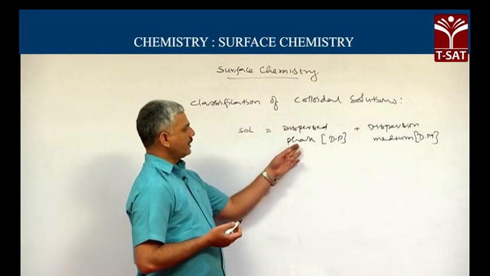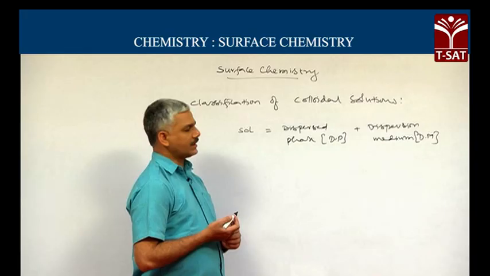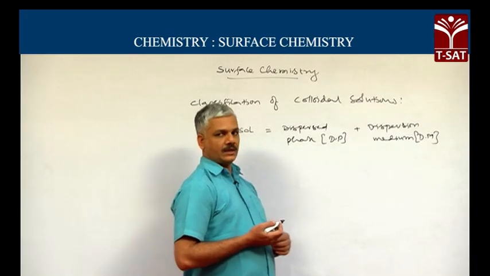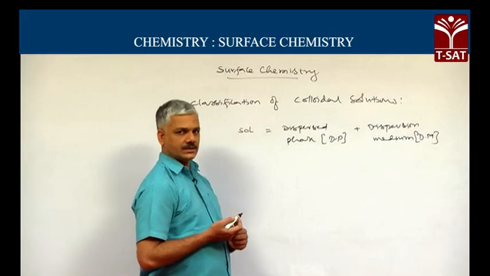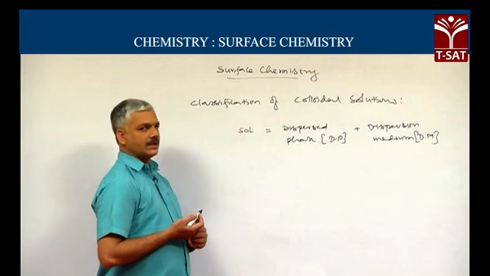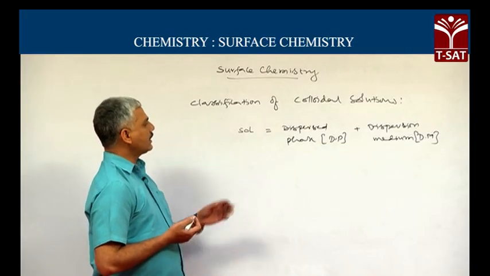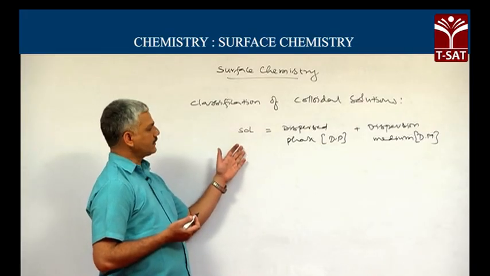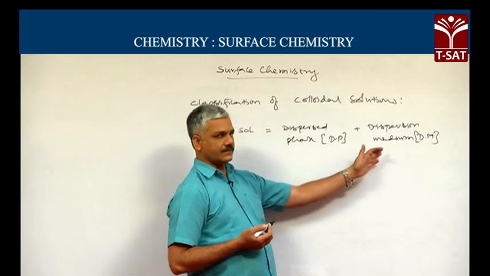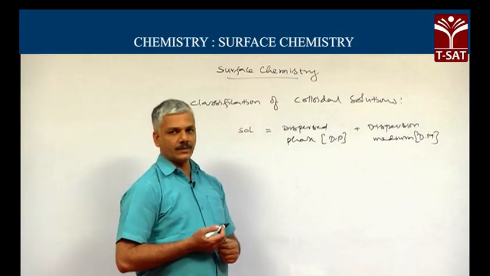That is, dispersed phase is the minor component in the colloidal solution, whereas dispersion medium is the major component. Colloidal solutions can be classified either based on the physical state of the colloidal solution or the physical states of dispersed phase and dispersion medium.